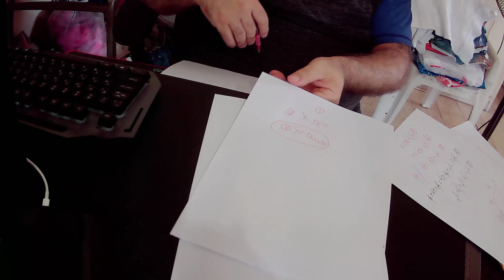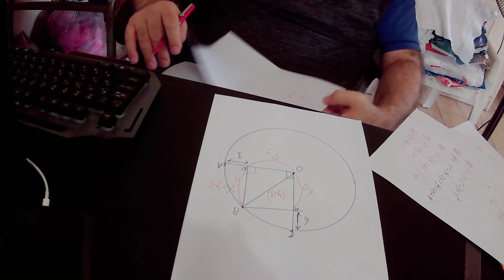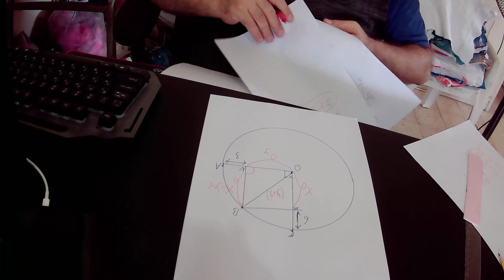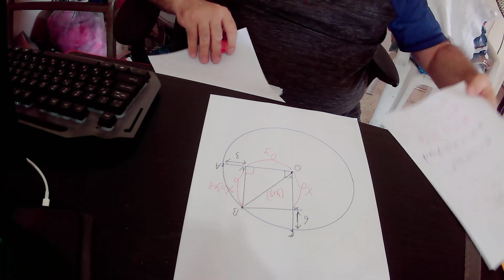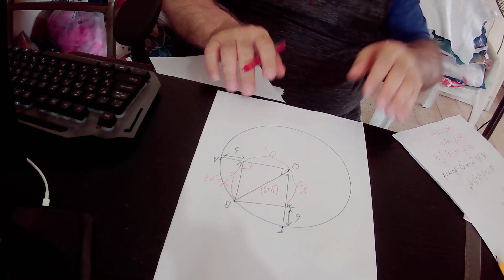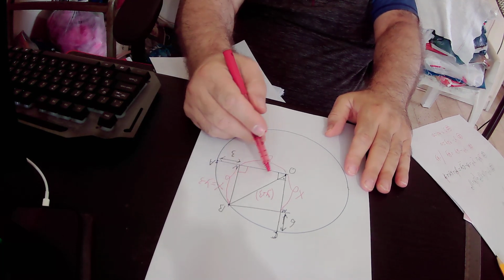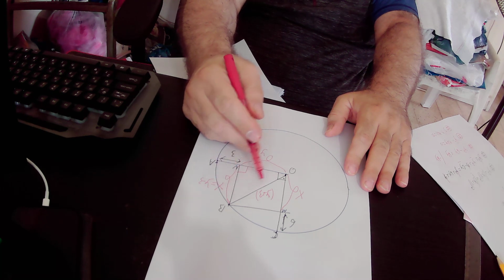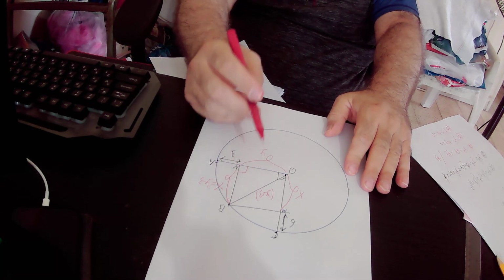Y equals to 12 units, but the radius of the circle is OB, and OB equals to y plus 3. So I write it down.